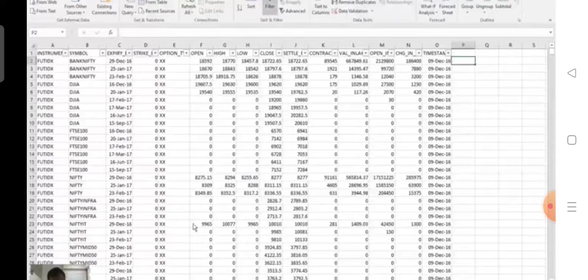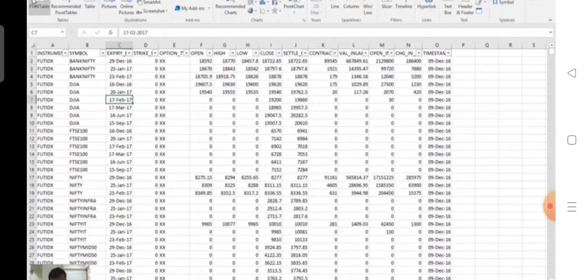Okay, now let me decode the Bhav copy for you. Let me show you on a standalone basis different outputs you can generate from the Bhav copy. While I am doing that, I am also trying to teach you a very important function in Excel, and that function is called pivot.